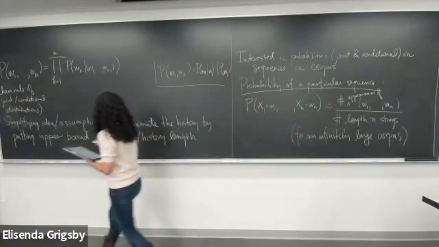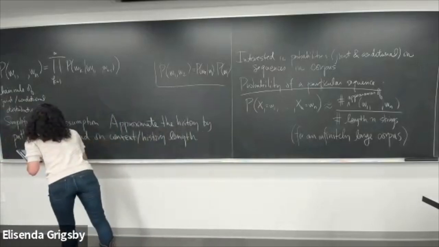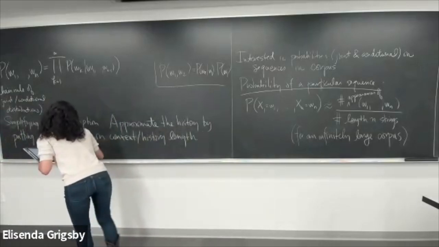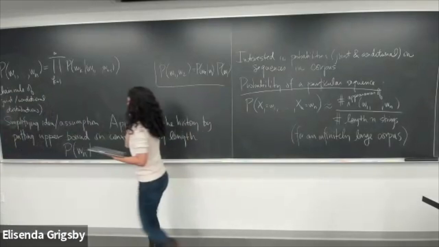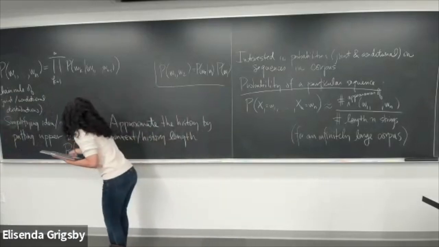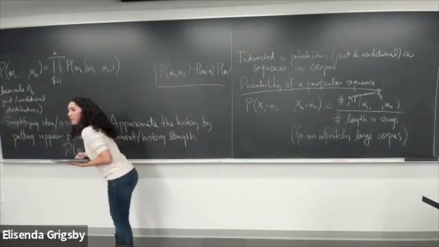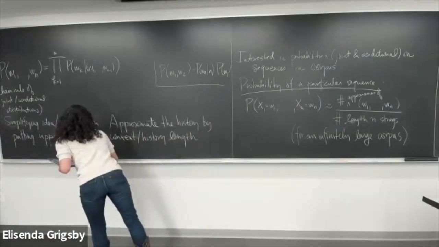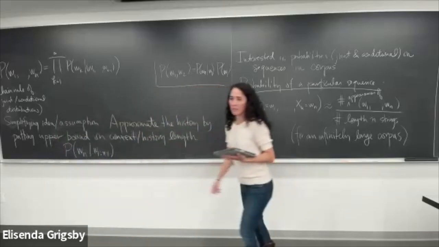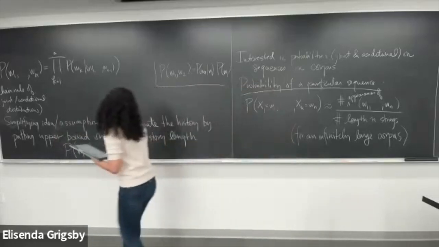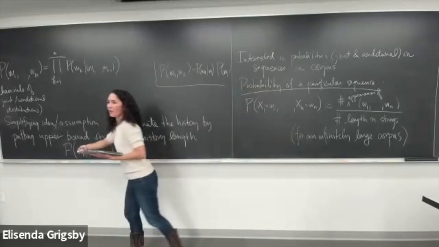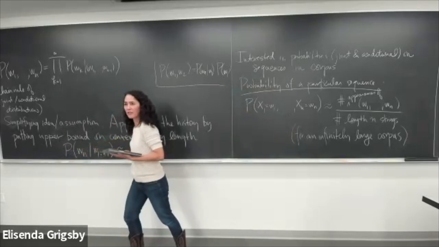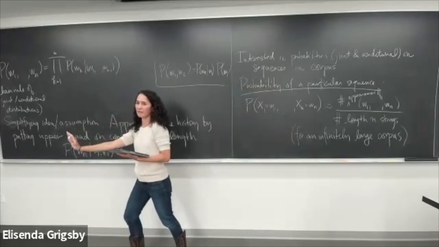So you're making some kind of simplifying assumption that is maybe not great, but if you really want to compute something like the probability of this being the next word, or sorry, the next token in a string of length n minus 1, instead, don't look all the way back to the beginning, just look a certain way back.